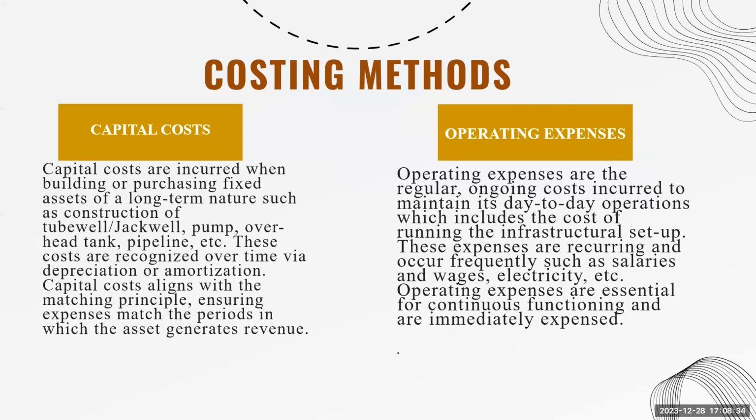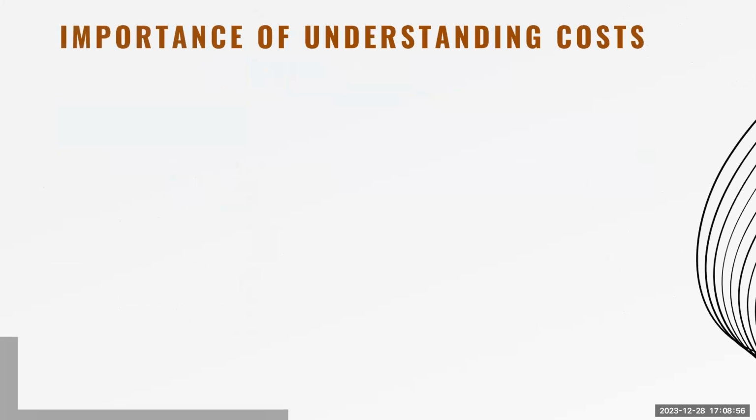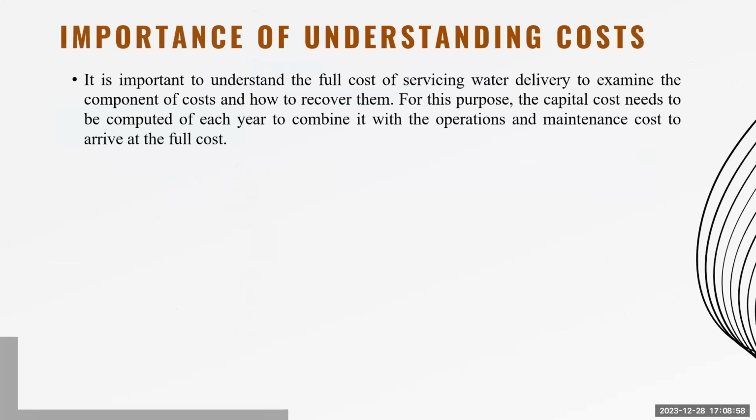So operating expenses are essential for continuous functioning and are immediately expensed. So irrespective of whether you are operating or not, the capital cost will be there, whereas if you are not operating, the operating expenses will not be there. So that's the difference, and we will see how to take care of them in cost computation.